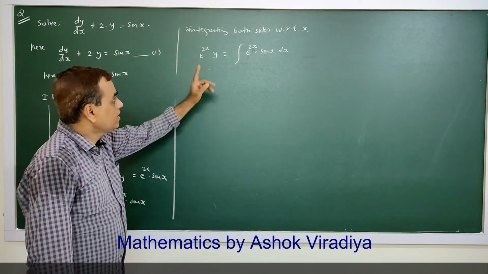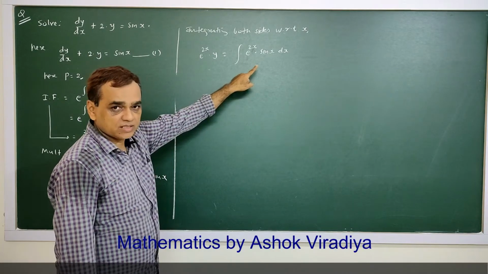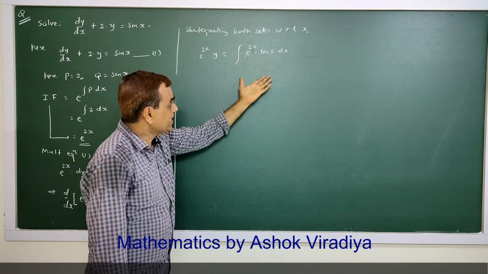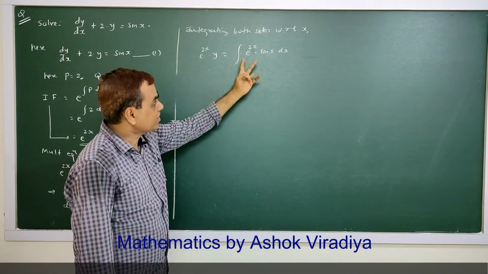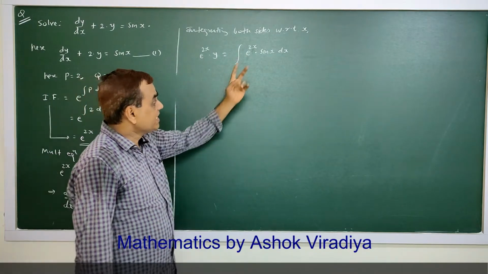Now in the next step, to calculate RHS, we have to perform the procedure for integration. To integrate such functions, we have to apply the rule of integration by parts.